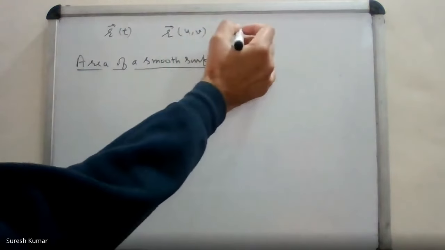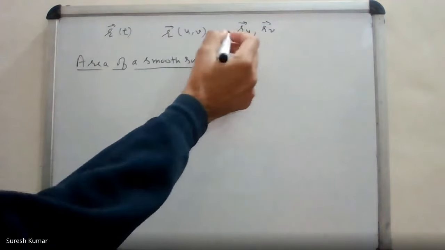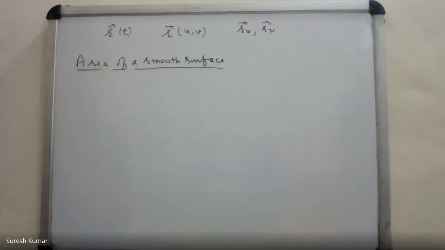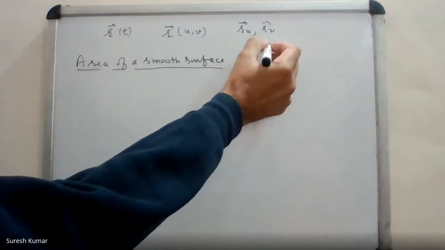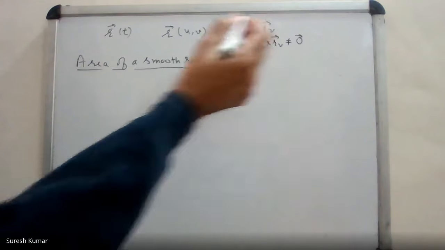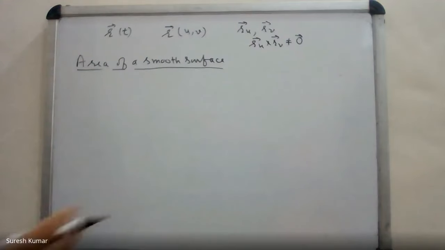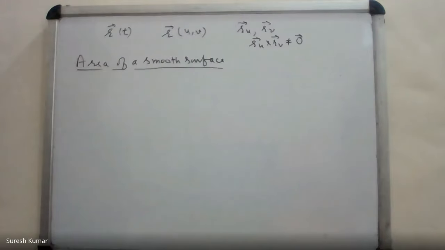The surface is smooth if R_u, R_v, the partial derivatives of R with respect to u and v are continuous, and R_u cross R_v is a non-zero vector. You know this is the normal vector to the surface, and non-zero means a unique normal vector exists at each point of the surface.